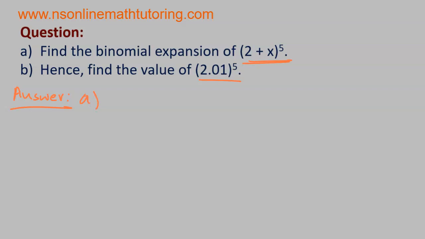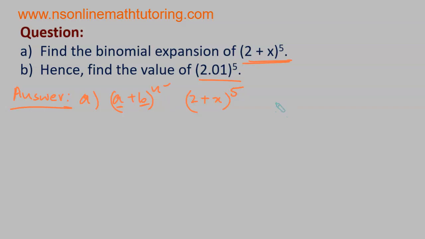Subpart A. Now we have learnt about (a + b)^n, and the expression that is given to us is (2 + x)^5. So first thing that we have to understand is a and b are variables which can take any value, and of course, n is another variable.